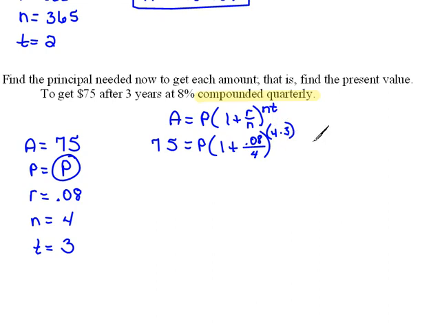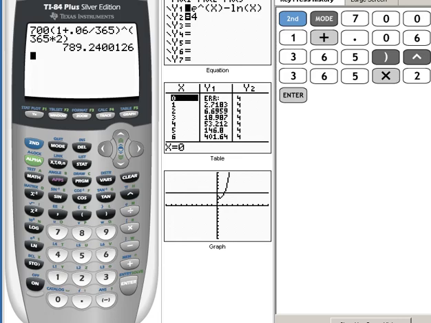Alright, now we can solve this. This is actually not bad at all. We could, on our calculator, get this answer all by itself if we wanted to. Let's go ahead and do that. I'm going to switch over to the calculator view now, and I'm just going to type that in.